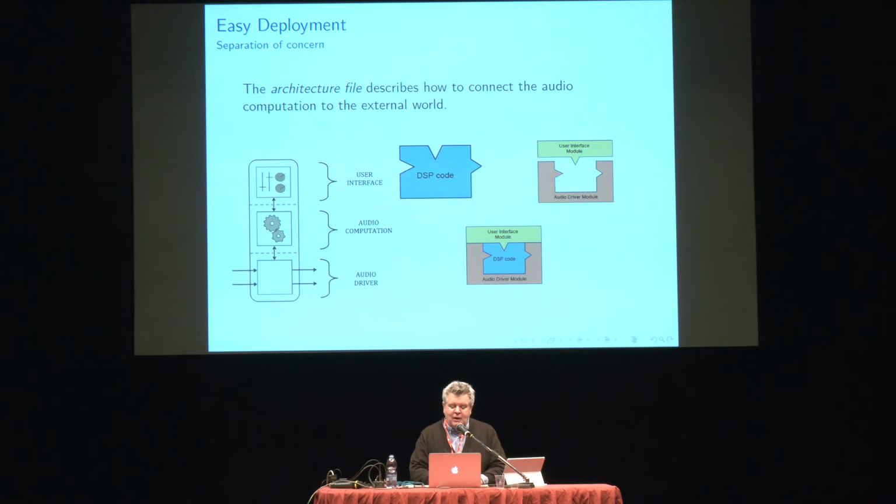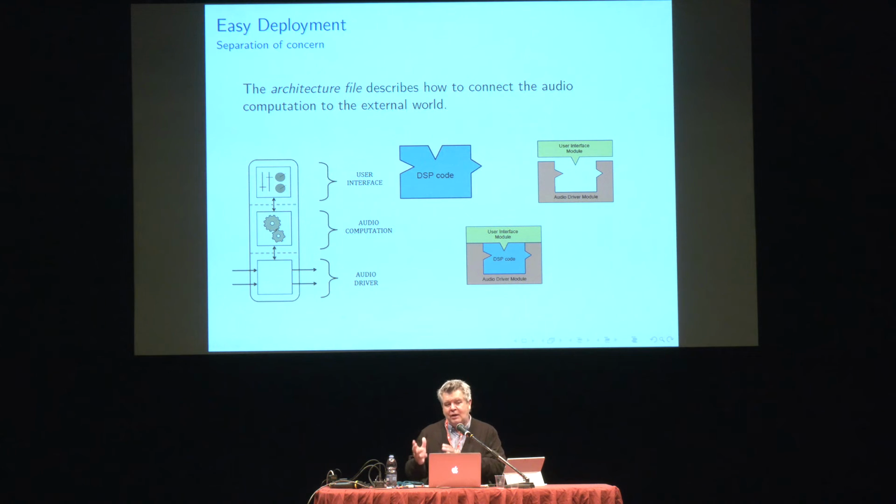So an architecture file is basically something that indicates how to use the audio drivers and how to build the user interface. So the Faust code itself has a description of the user interface. You saw horizontal sliders, for example. But they don't tell how they should look, what kind of SDK you should use for that. Is it going to be Mac sliders or whatever slider?